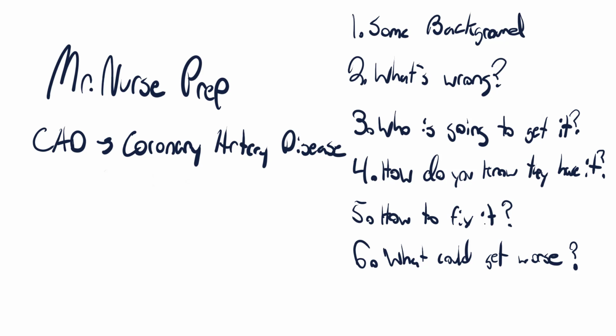How do you know they have it is our signs and symptoms and our lab values, our diagnostics. How to fix it is going to be the nursing interventions, pharmacology, and procedures. And what could get worse is going to be the worst case scenario that could occur with the disease process, the really dangerous things that occur with coronary artery disease. So with that, let's get into it.